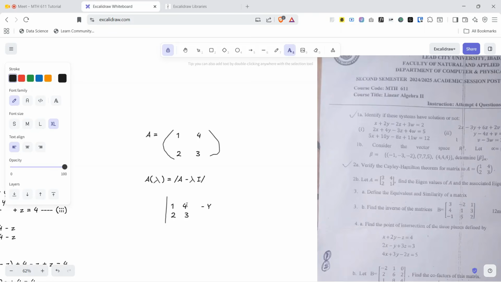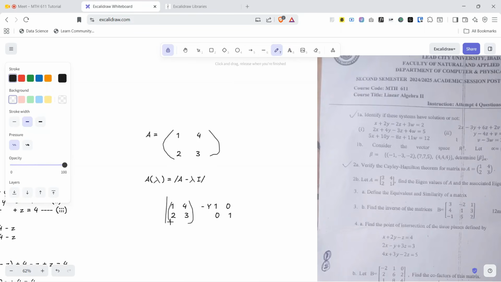Let me use this y to represent it into I, which is 1 0 1 0 0 1. This is supposed to be in brackets, so let me just put the brackets. So this is what we want to solve.